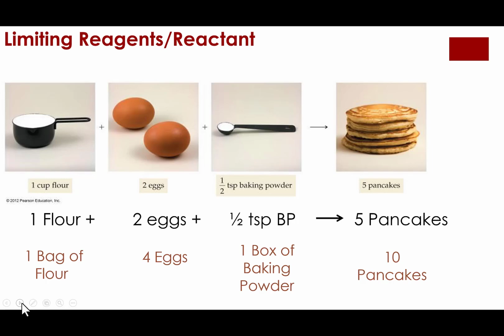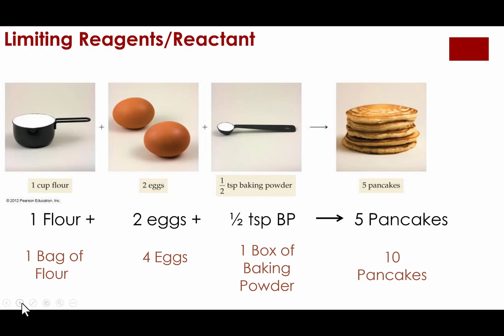I've got extra flour sitting to the side. I've got extra baking powder sitting to the side, but I ran out of eggs. And if I wanted to make more than 10 pancakes, I would have to add more eggs to the recipe, and then I could get more pancakes out the other side.